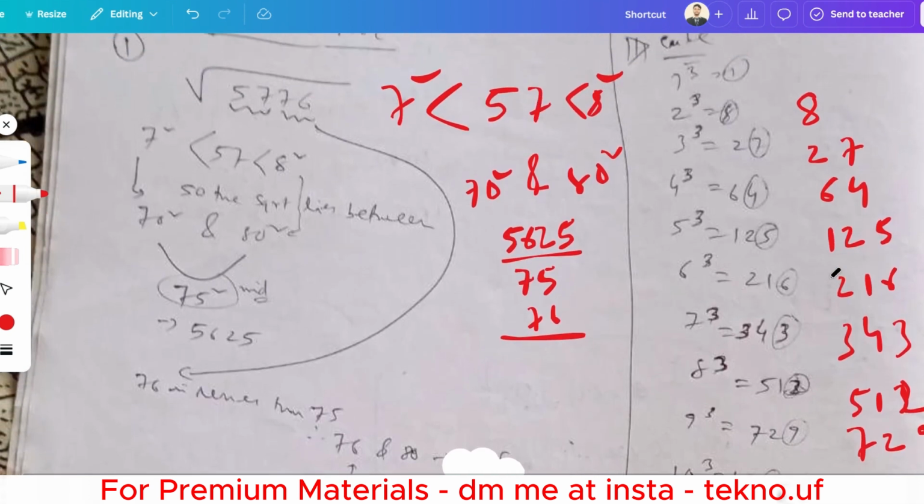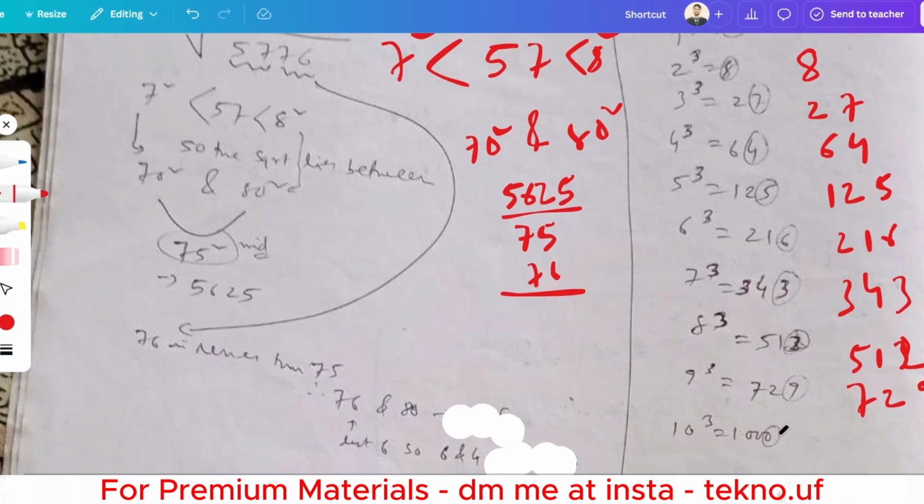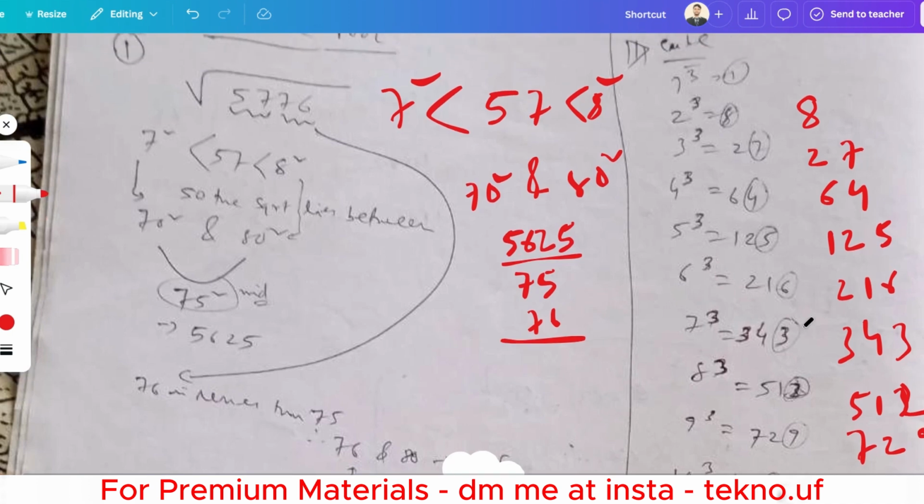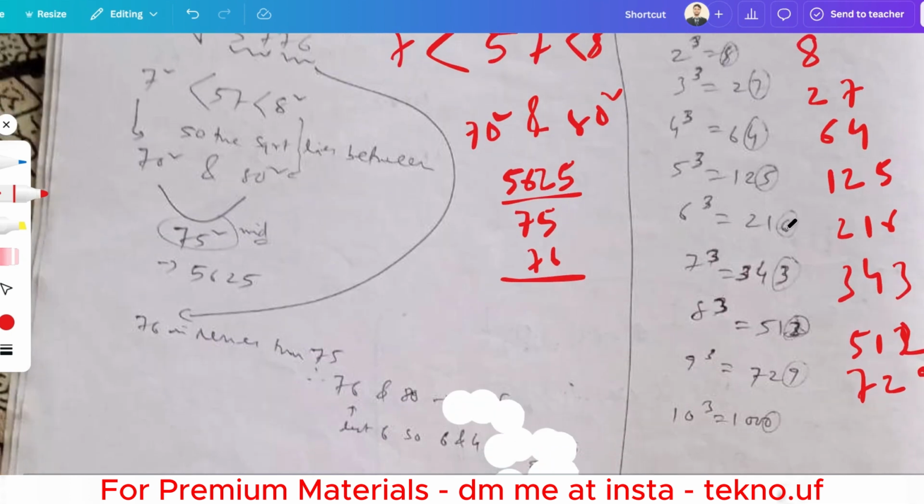The last digits go like 0, 1, then 2, 3, 4, 5, 6, 7, 8, 9, all are coming, right? So when it is coming, you will get to know it very soon. How? Let me tell the trick a little later.